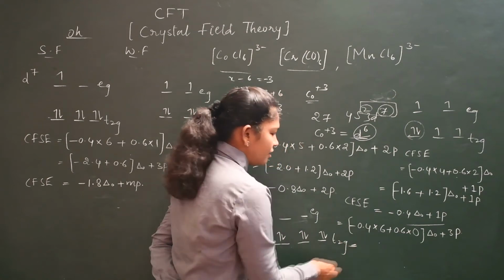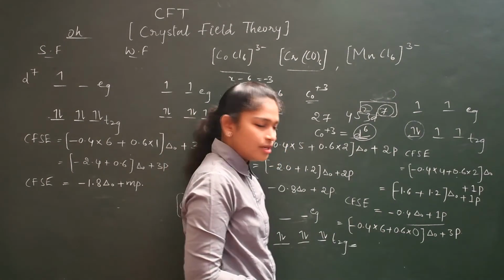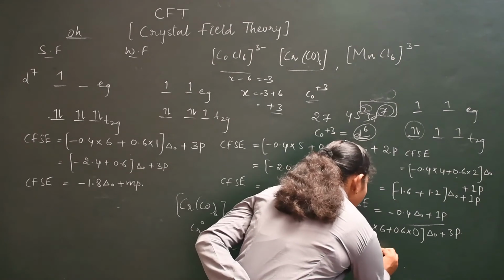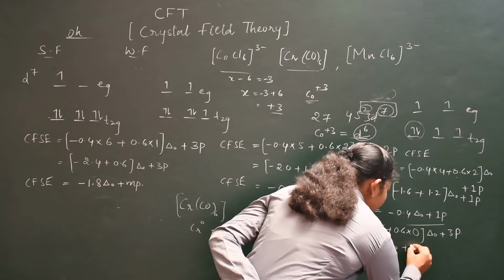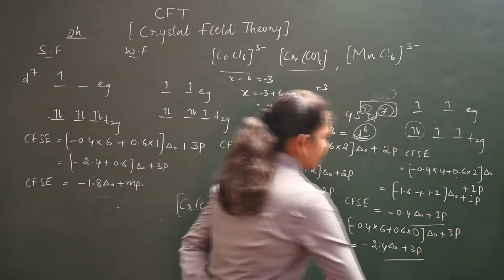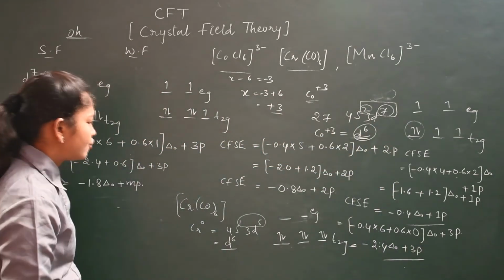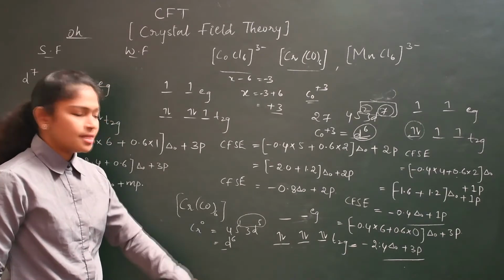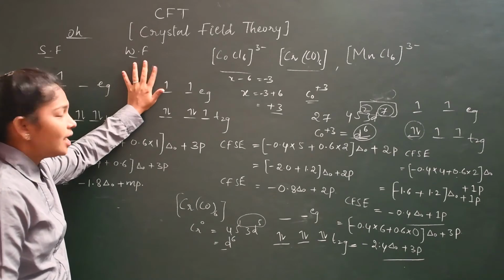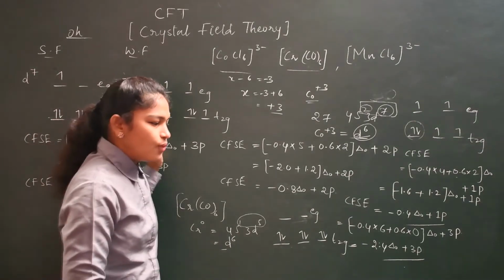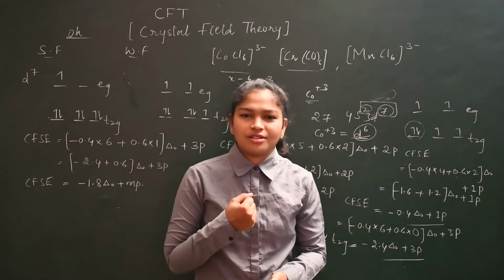Okay. Now you calculate. 6 fours are 24, minus 2.4 delta naught plus 3P. This is the CFSE for strong field, that too d6 system. So this is about octahedral geometry.